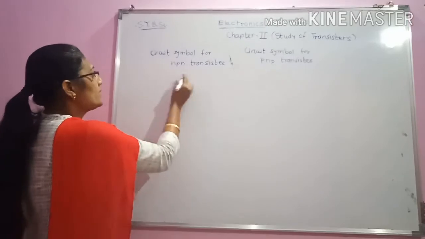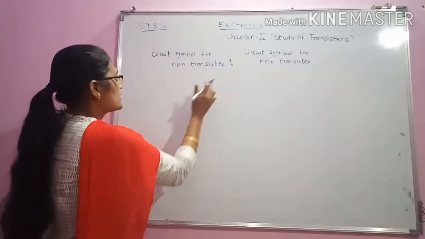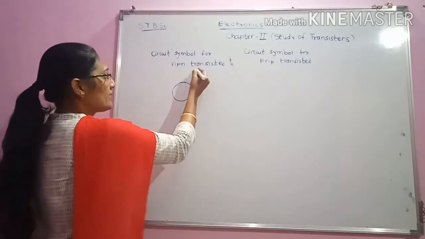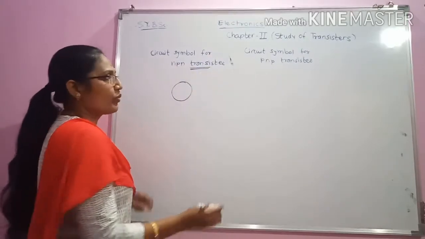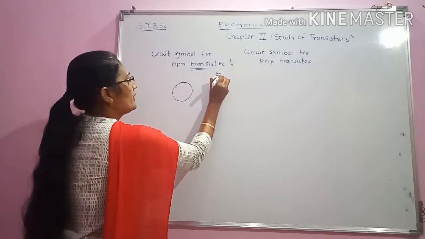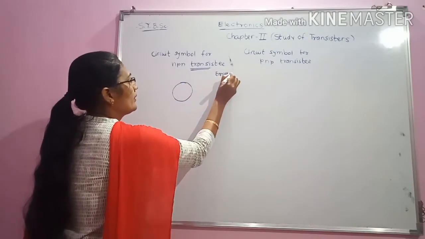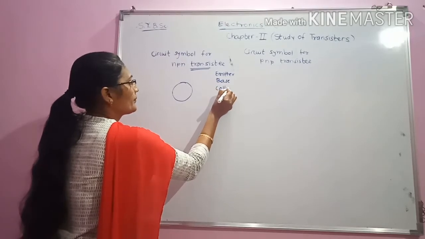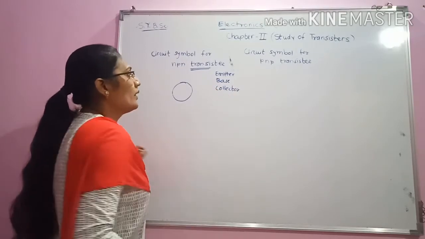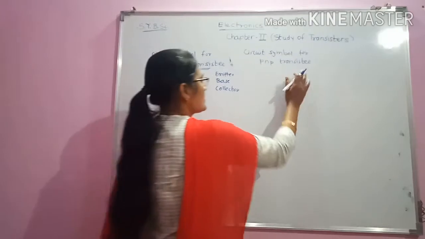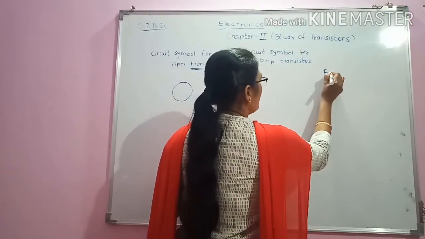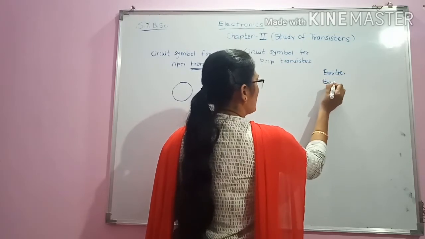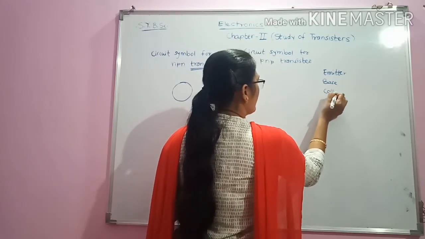Now, the circuit symbol of this NPN transistor is given by, because any transistor consists of three components, and these are emitter, base and collector. The NPN transistor also consists of emitter, base and collector.